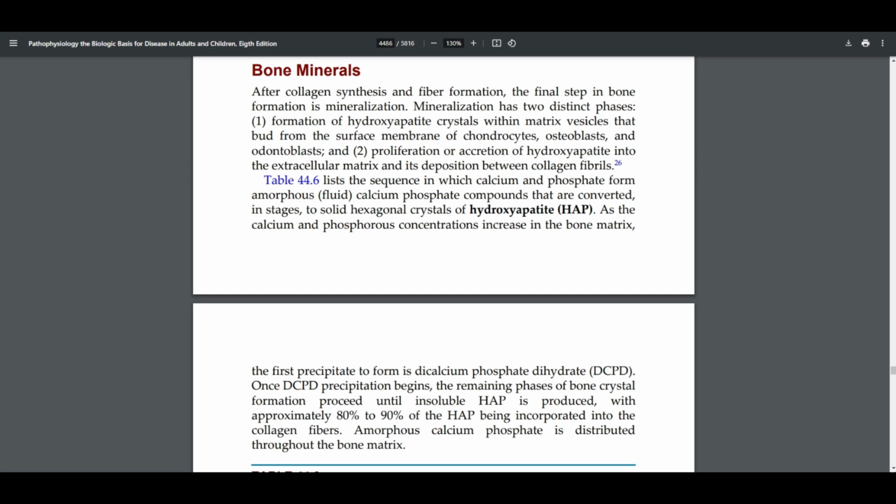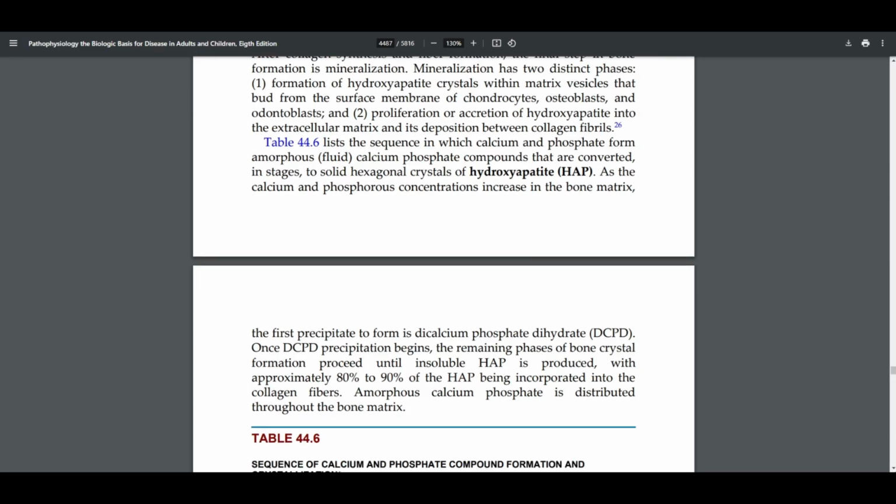Table 44.6 lists the sequence in which calcium and phosphate form amorphous calcium phosphate compounds that are converted in stages to solid hexagonal crystals of hydroxyapatite. As the calcium and phosphorus concentrations increase in the bone matrix, the first precipitate to form is dicalcium phosphate dihydrate.